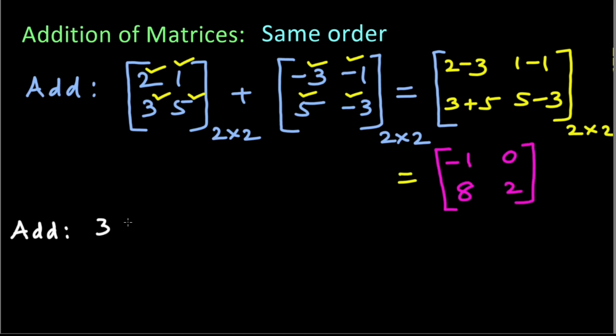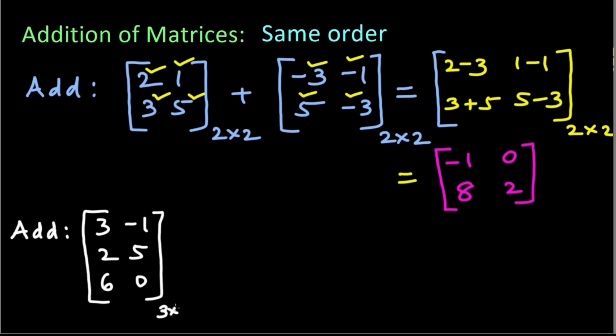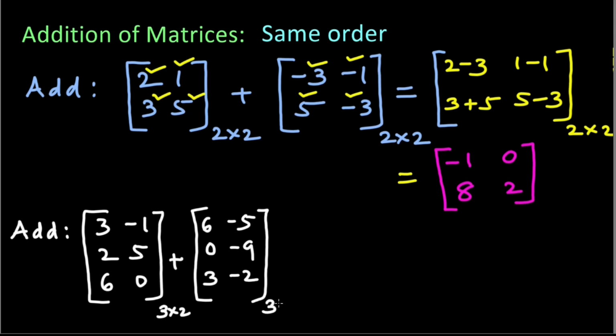Add [3, -1; 2, 5; 6, 0], which is a 3 by 2 matrix, to another 3 by 2 matrix [6, -5; 0, -9; 3, -2]. We have to add the corresponding elements of these two matrices.